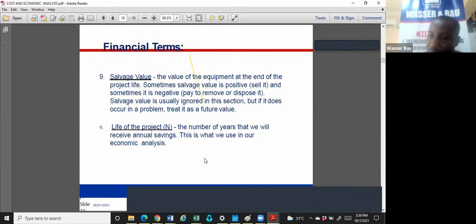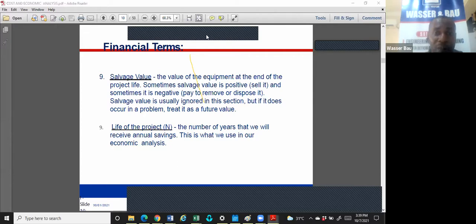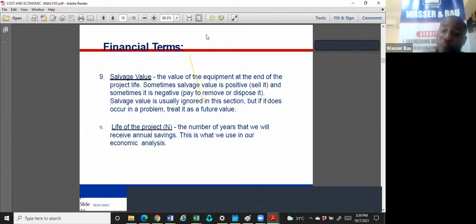So if you buy equipment and you're using it, after a while the equipment will lose its value so much that it might not be economical for you anymore. At that point, you have to dispose of it, you have to discard it. If you're going to sell it and get a small amount of money, it's a positive salvage value. If you're going to pay somebody to remove it, then it's a negative salvage value.